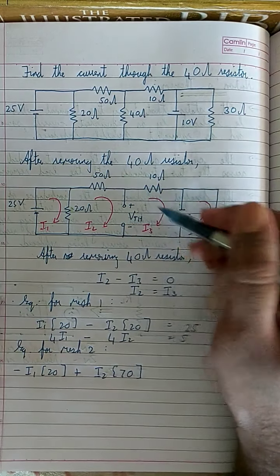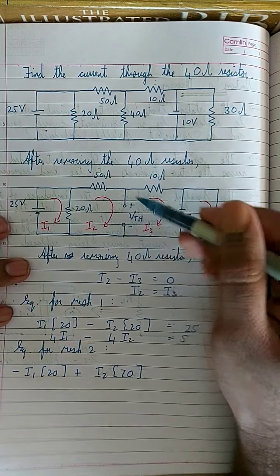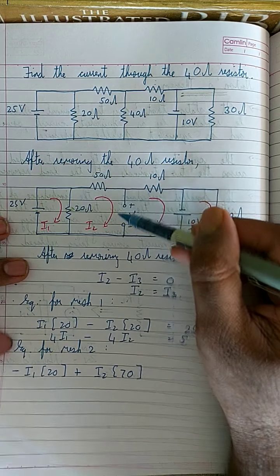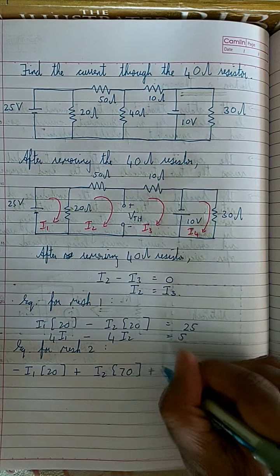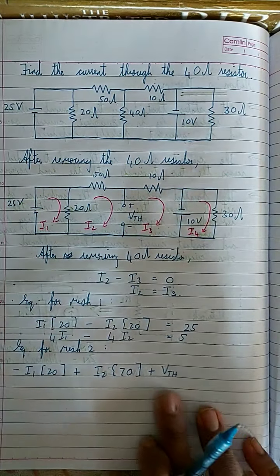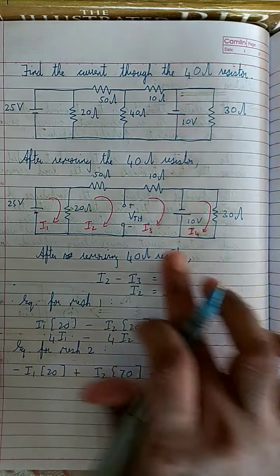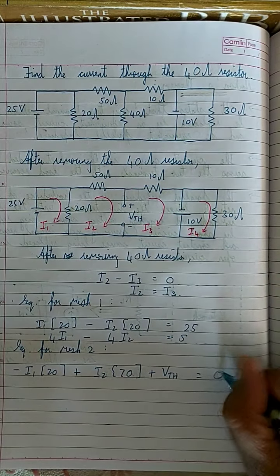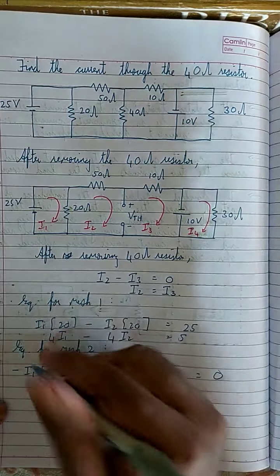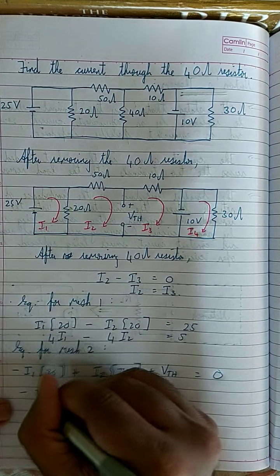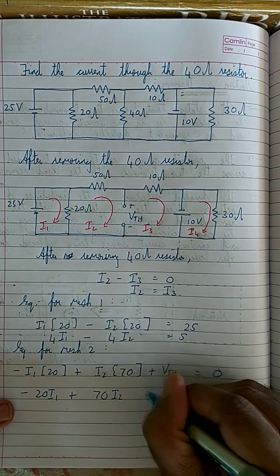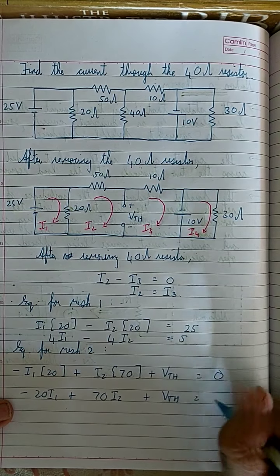And then remaining is this open voltage, and this current is flowing from a higher potential to a lower potential, going downwards, which means it is plus VTH. There is no voltage source, so this is equal to 0. So that means this is nothing but minus 20 I1 plus 70 I2 plus VTH is equal to 0.